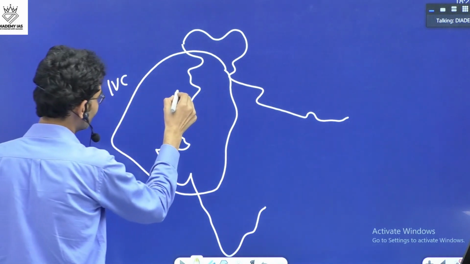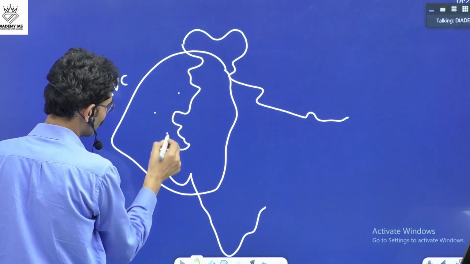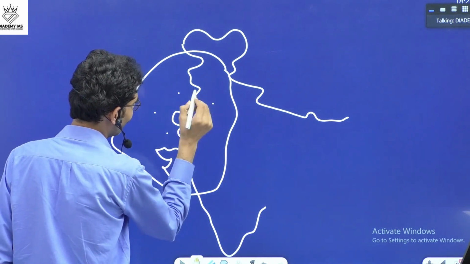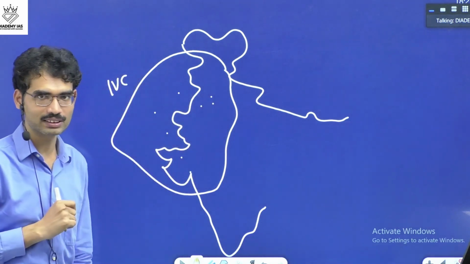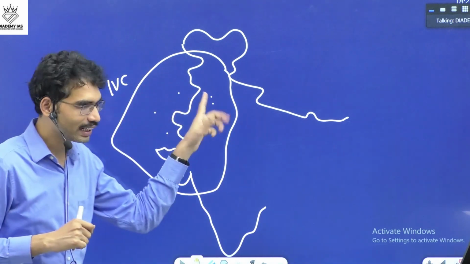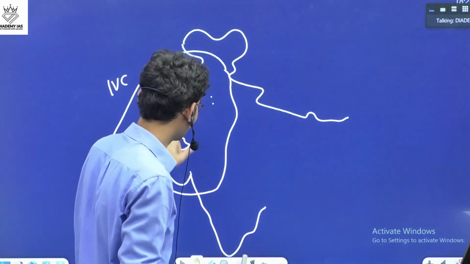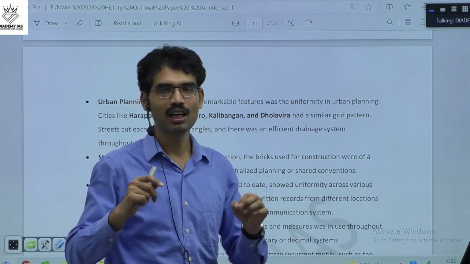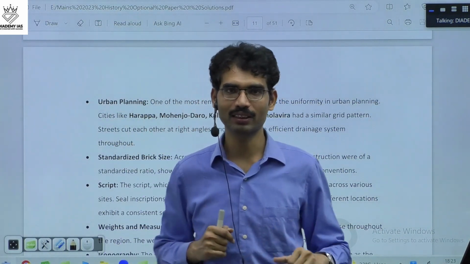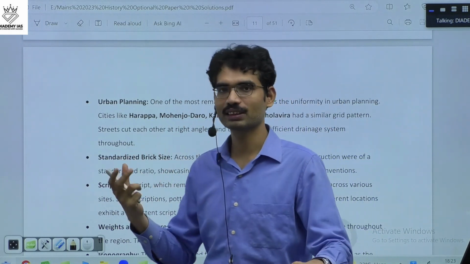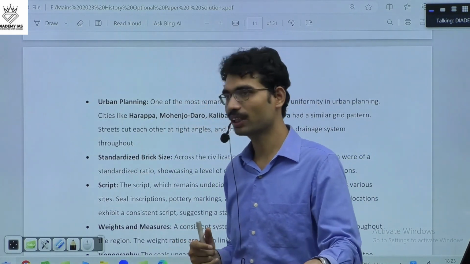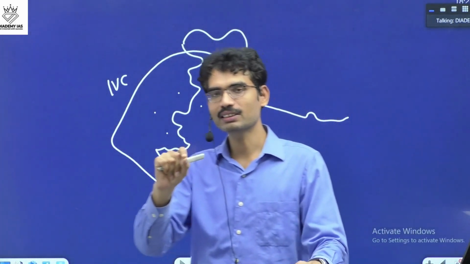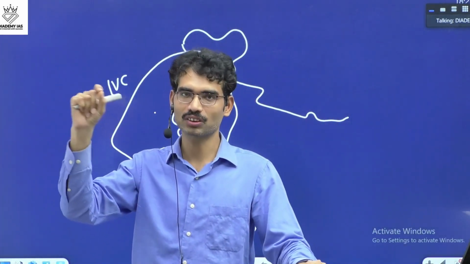Now we have so many settlements: Harappa, Mohenjo-daro, Chanhudaro, Dholavira, Lothal, Kalibangan, Rakhigarhi, Banawali, likewise. One of the best characteristics is town planning. In many places, this town planning has striking similarity. That is one of the greatness of Indus Valley Civilization, because such a large civilization maintaining similar town planning is an extraordinary feat.